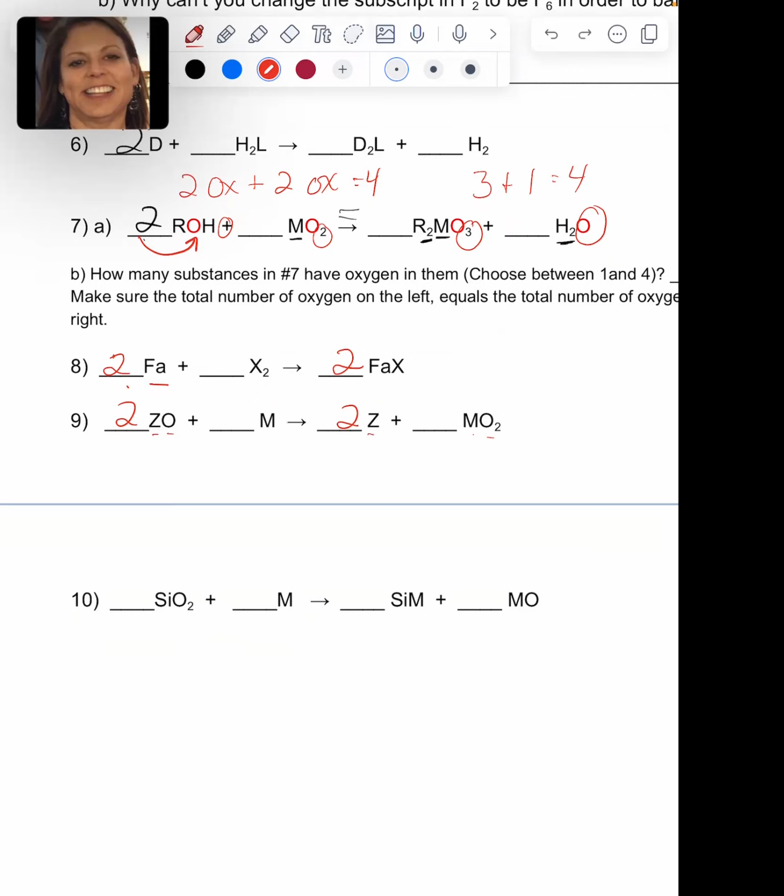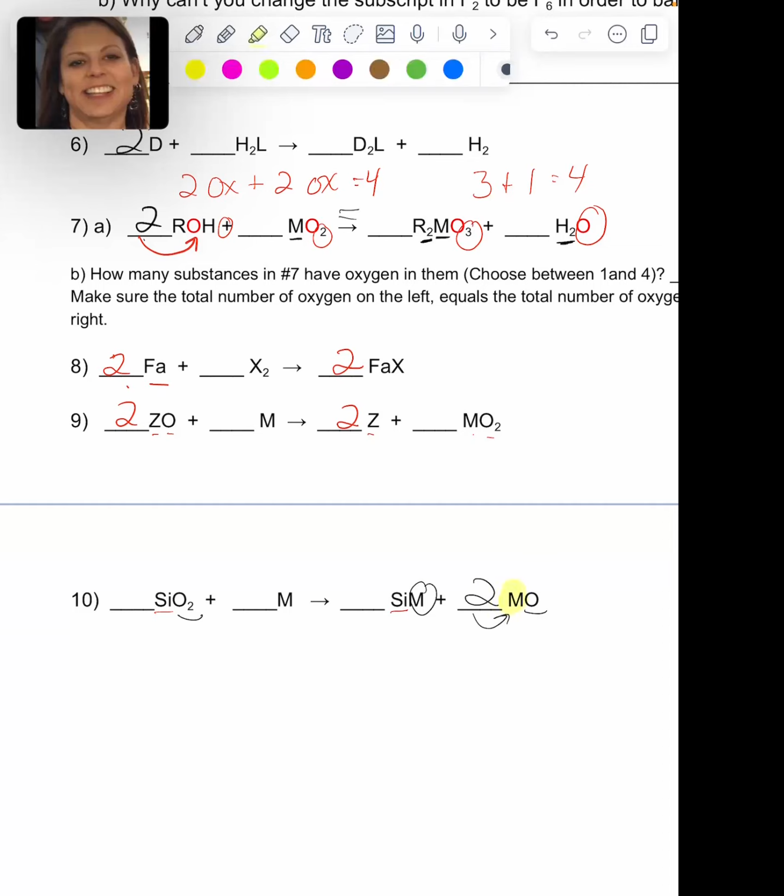Okay, number 10, SI is one element. I have 1 SI, 1 SI. I have 2 O's, 1 O. So I need more O's on the right. But now that gives me 2 M's also. And I've got an M here. So frequently that's missed when there's more than one element.